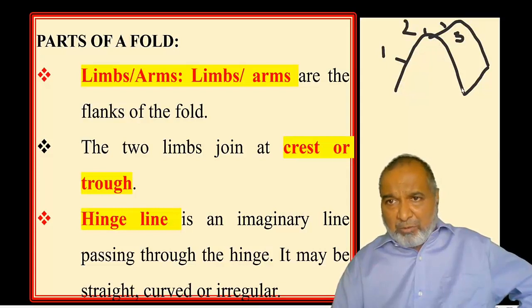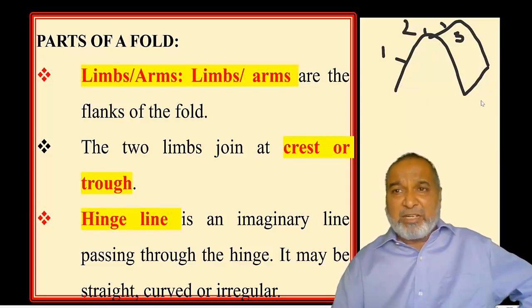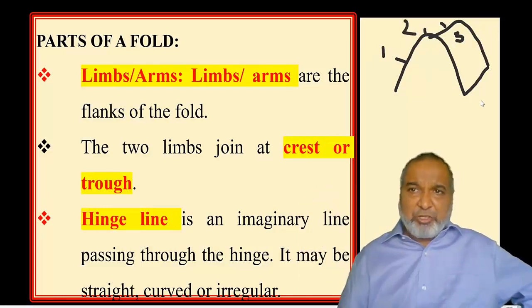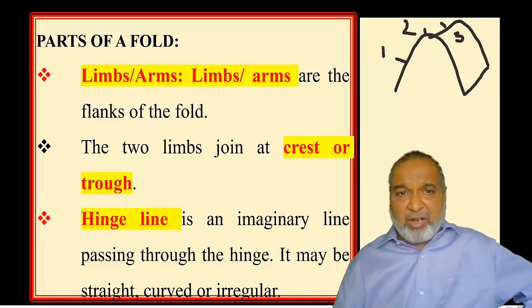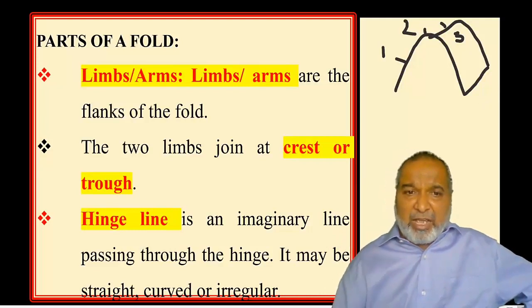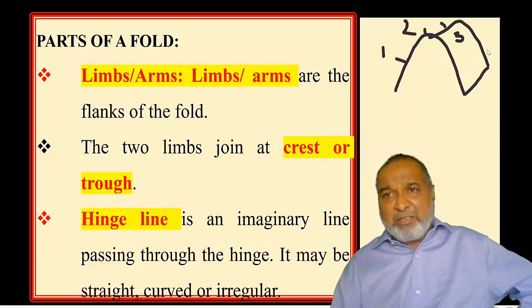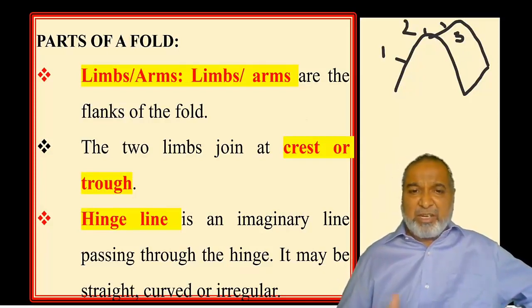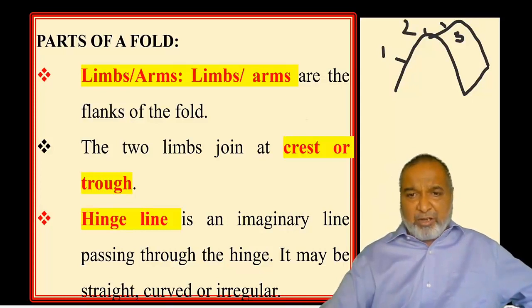Similarly, if we go down where there is a depression, the downward part is called the trough. So the highest elevation point and the lowest depression point are the crest and the trough. And there is an imaginary line passing through the hinge, and that is called the hinge line. It may be straight, curved or irregular.